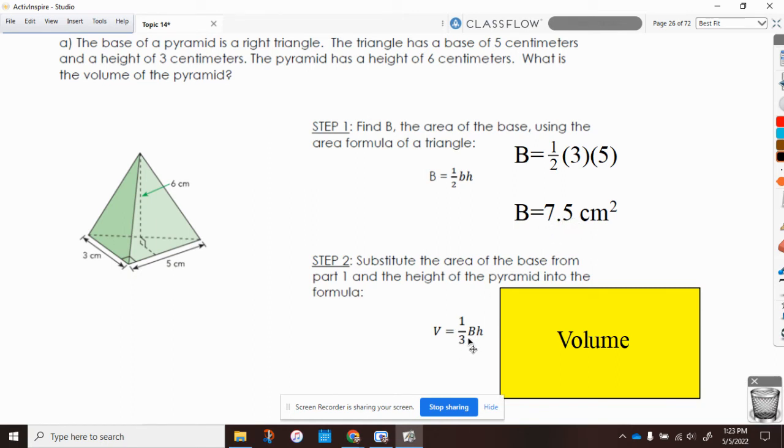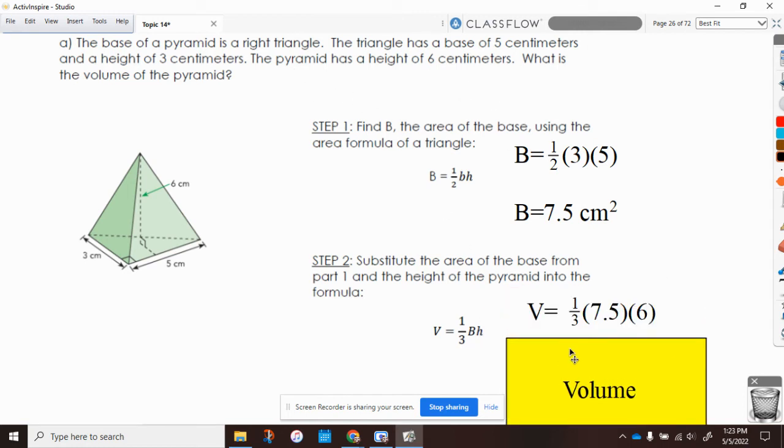When we plug that into this formula, we also have to have our H, the height of the pyramid, which is 6. So 1/3 times 7.5 times 6 gives us a whopping grand total of 15 cubic centimeters on this pyramid right here.